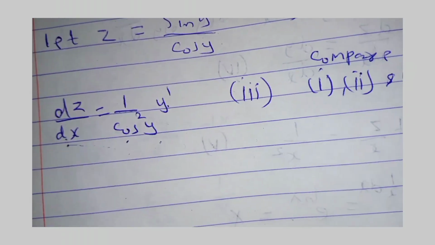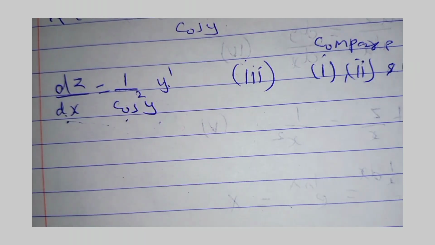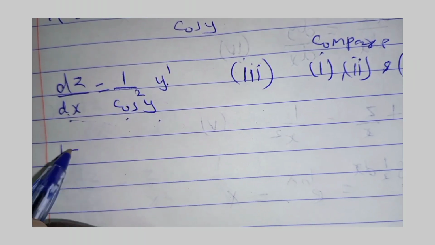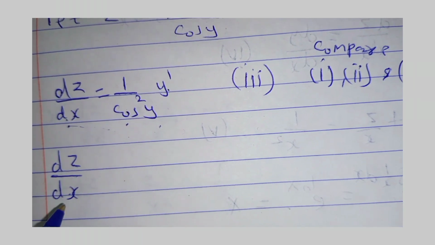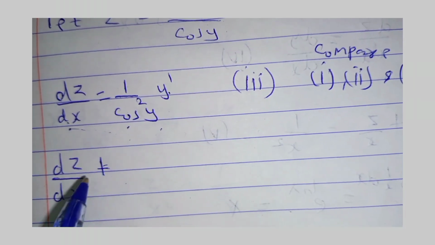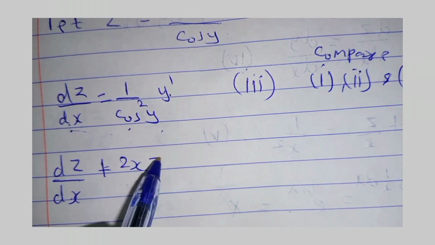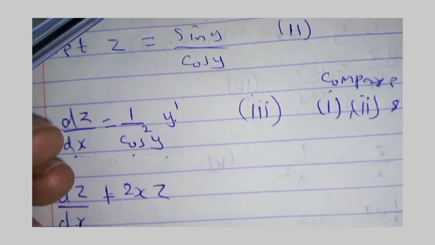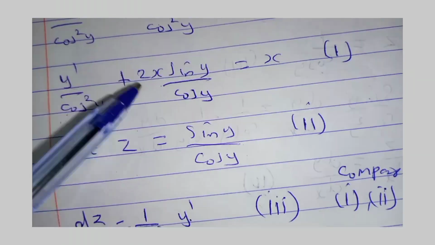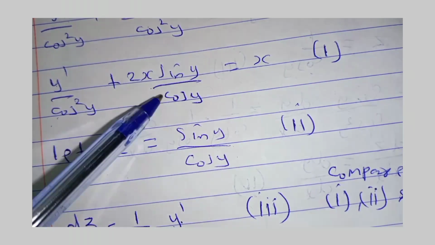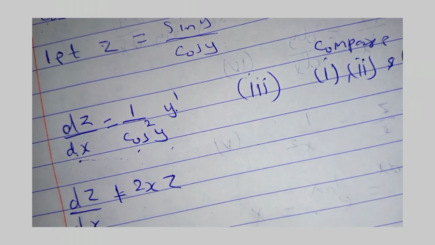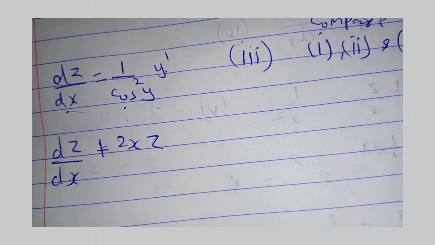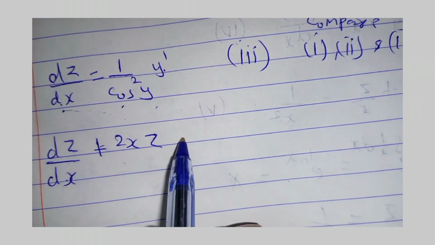So writing that, we obtain the following. dz over dx plus 2xz, instead of what we have here, sine y over cos y, we substitute it with z. This is equal to x.